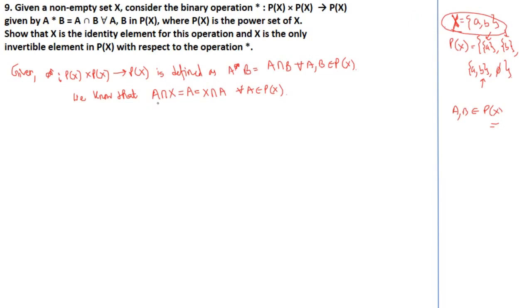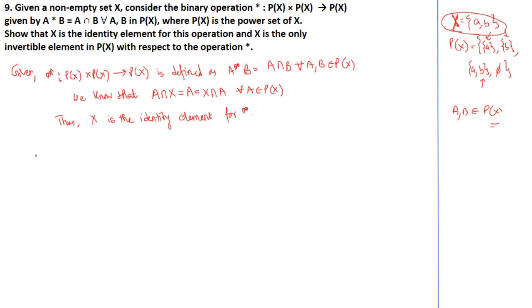So now since A intersection X is equal to A, and that is equal to X intersection A, because if we take any A and get the common between A and X, we will obviously get A, and that is once again equal to X intersection A for all A belonging to P(X). Thus we can say that X is the identity element for the binary operation.